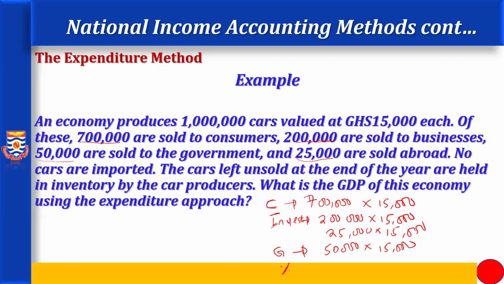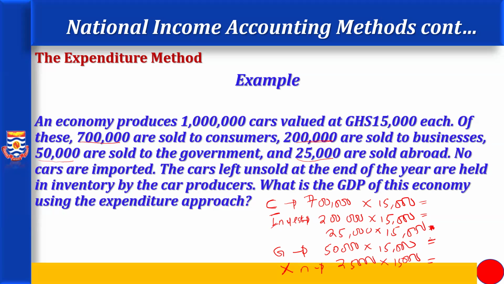So that's export. There is no import, otherwise we would have subtracted, but it's just export. We don't have any import. The reason why we just use the export is that there is no import.